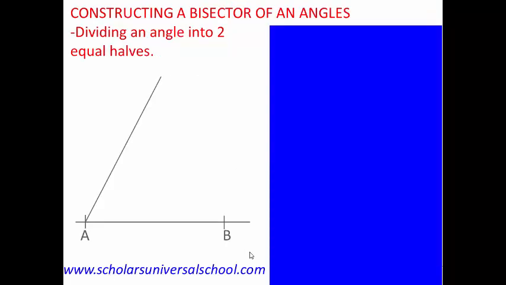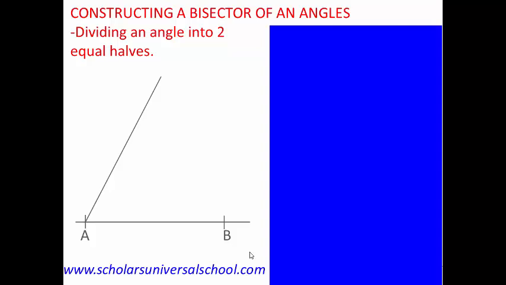Now, we want to see how we can bisect an angle. The word bisect simply means you are dividing into two equal halves. So a bisector will divide into two equal halves. So a bisector of an angle will divide the angle into two equal halves.